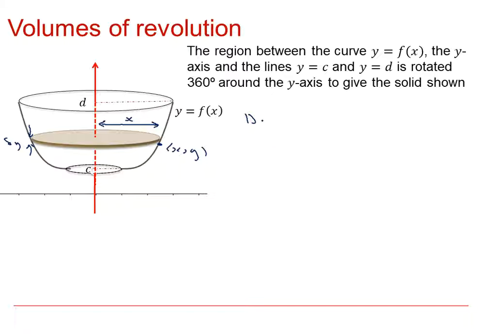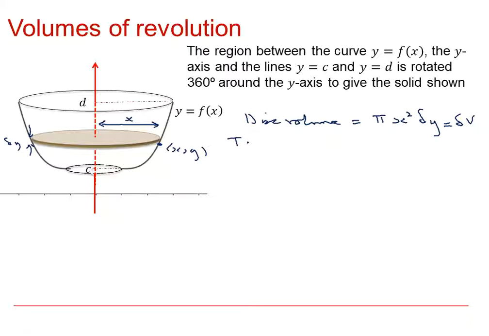So if we look at one disk first, the disk volume is pi, and the radius is x, so it's pi x squared, and the thickness is delta y. So that's one disk, so that is delta V, a small part change in the volume.